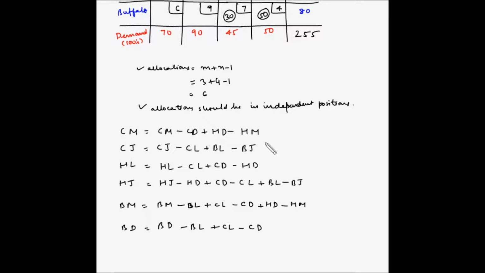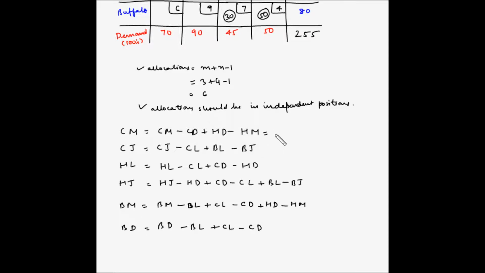Now the next step is to calculate the net cost change for the path. The net cost change is obtained by summing up the unit cost of each cell on the closed path. So for this one, the first one, Cm minus Cd plus Hd minus Hm.